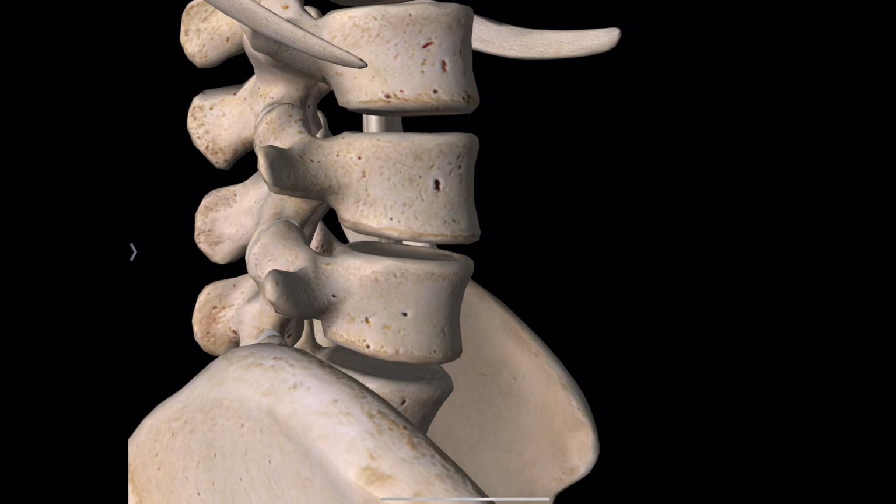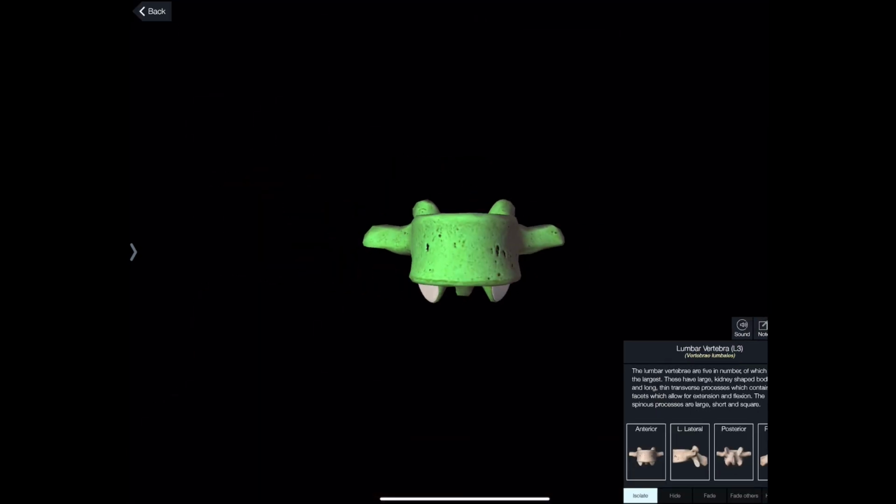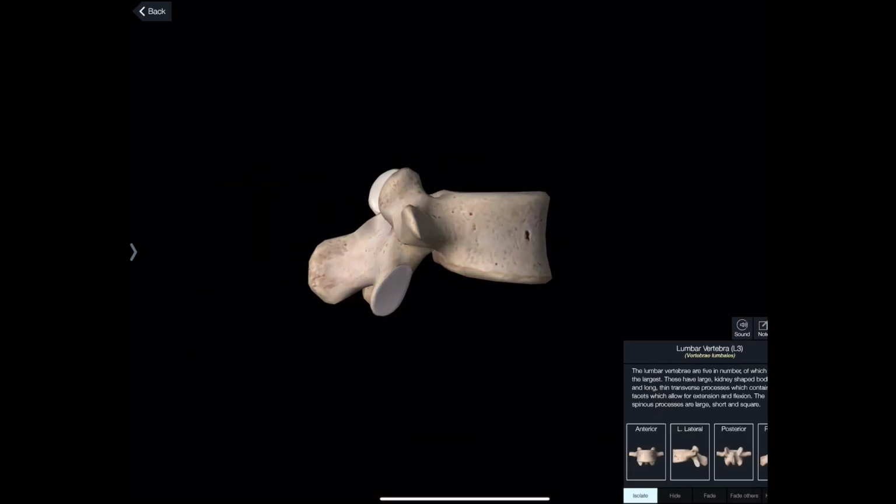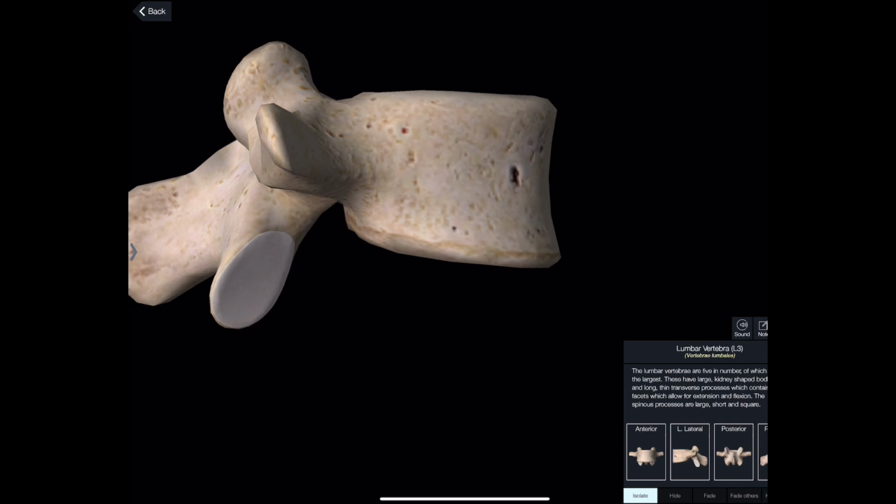If we look at this one vertebra in isolation, you can see that this is the inferior portion of that foraminal canal. And the vertebra that sits above this has its superior portion sitting up here, and together they create this foraminal canal.